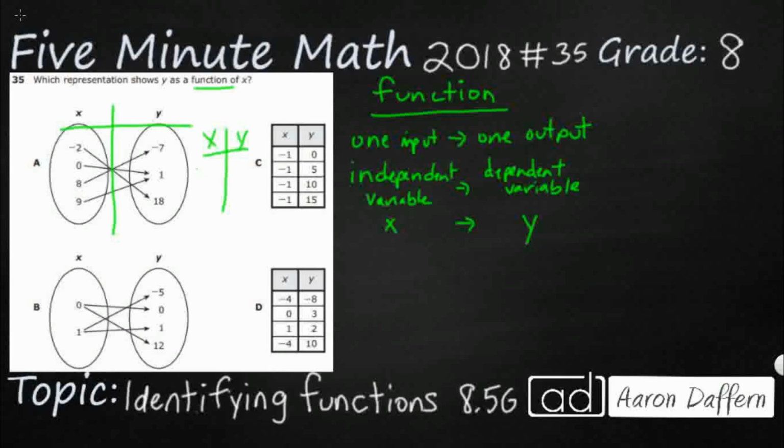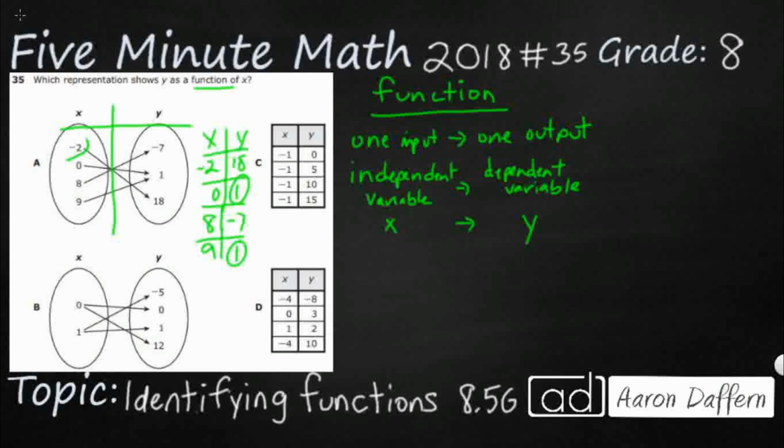You've got -2, 18. You get 0, 1. You get 8, -7. And then you get 9, 1. So you see we're repeating this 1 right here. So that's why you've got 2 arrows going to it. Now, does that make it a function? Well, does each x go to a single y value?